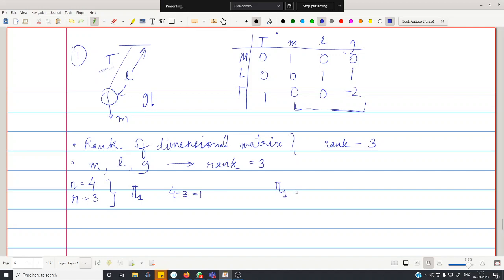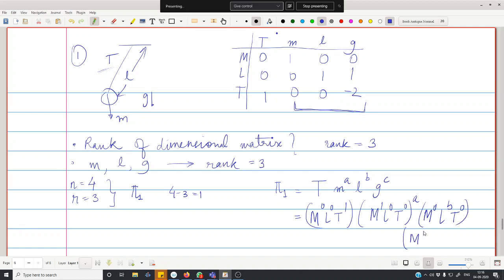So that pi term will be T m to the power A, L to the power B, G to the power C. And this is essentially going to be m to the power 0, L to the power 0, T to the power 1, multiplied by m to the power 1, L to the power 0, T to the power 0 raised to A, then L to the power B, and G will be m to the power 0, L to the power C, T to the power minus 2C.